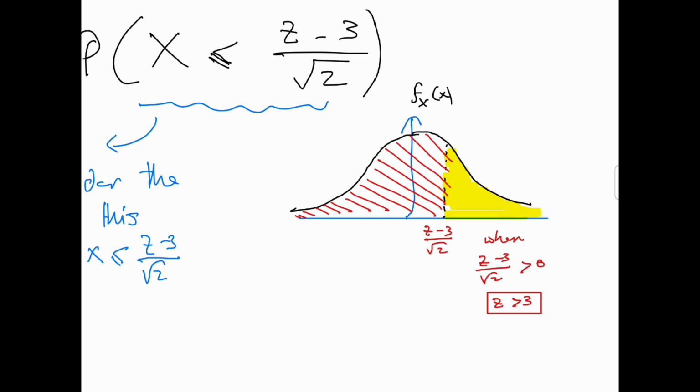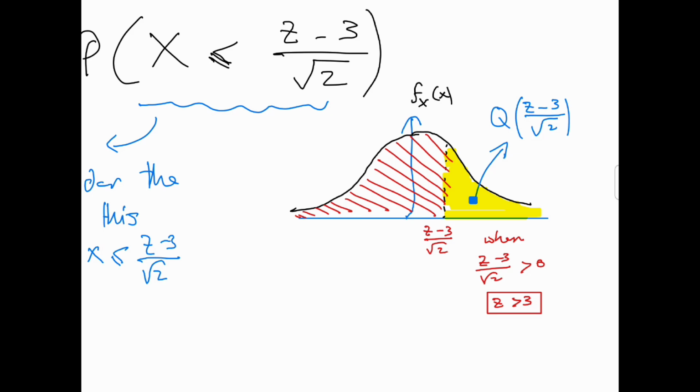But the area of this region is given by the Q function. It's a very well-known function used in engineering that simplifies the expression of the distribution function of a Gaussian random variable. So that will be Q of z minus 3 over root 2.